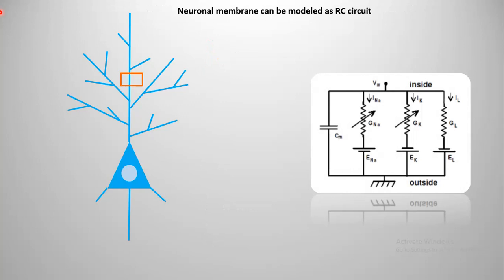Also, neuronal membrane could be modeled like a RC circuit, where a portion of the membrane could be modeled as a combination of capacitor and resistor. The differential charges in the two sides of the neuronal membrane works like a parallel plate of a capacitor, and the phospholipid bilayer is just like a dielectric, and several ion channels are just like conductances, or they work like a resistor.